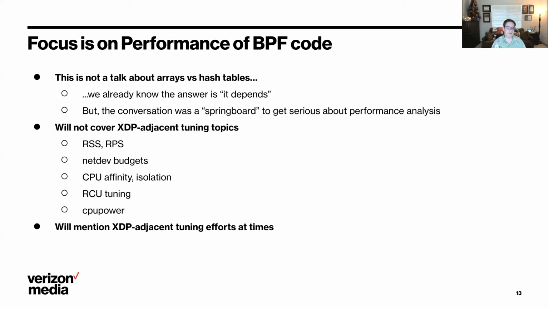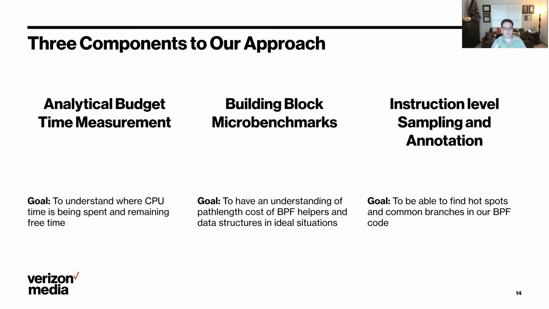Also, we will not cover various XDP-adjacent tuning options, such as tuning the CPU affinities, receive side scaling, or packet steering. We will mention some of these tuning efforts at times as they tie into things core to the code. But I really want to focus on a core approach to the analysis of the XDP code.